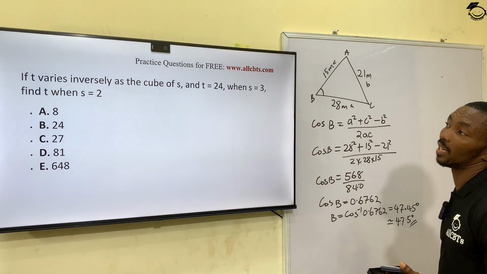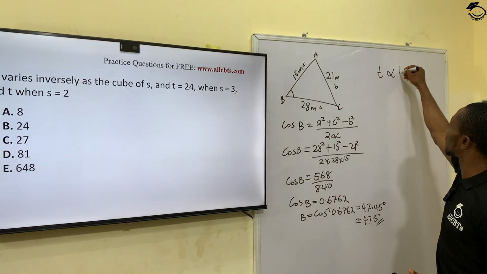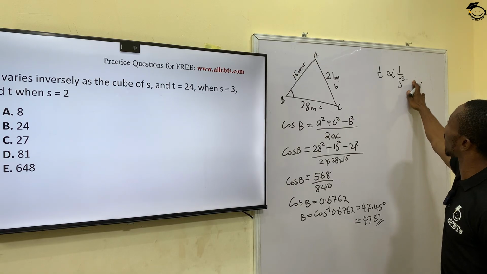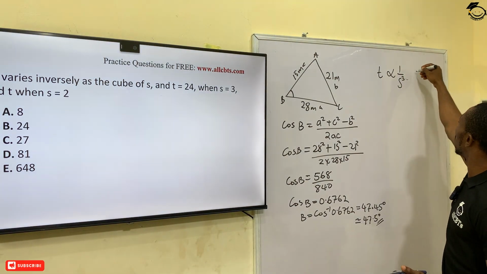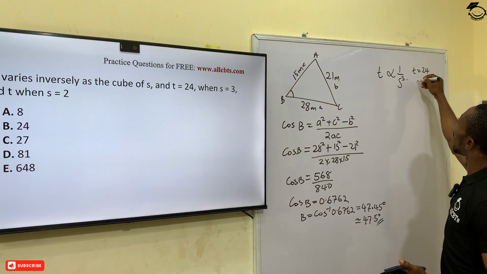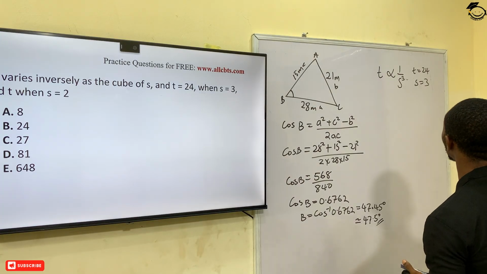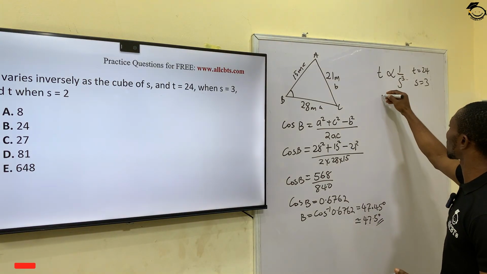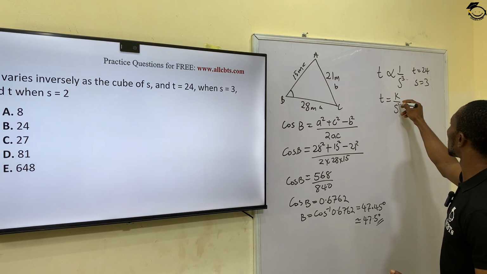The next question says, if T varies inversely as the cube of S, and T is 24 while S is 3, find the value of T when S is 2. So we have T equals K over S cubed.